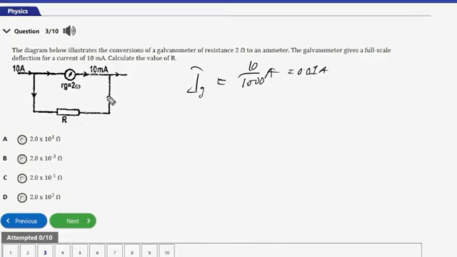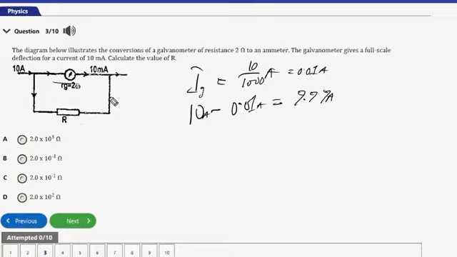So to get the current across the shunt, we have 10 amps minus 0.01 amps, that's 9.99 amps. That will be the current across here.